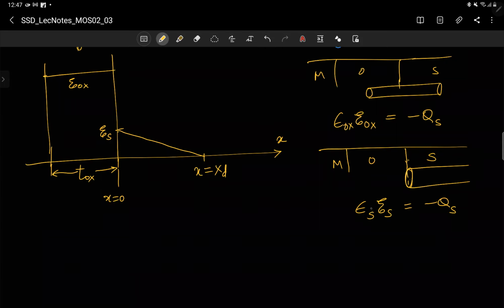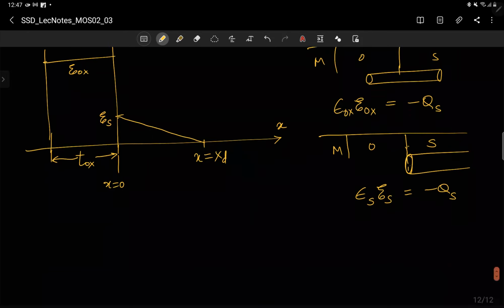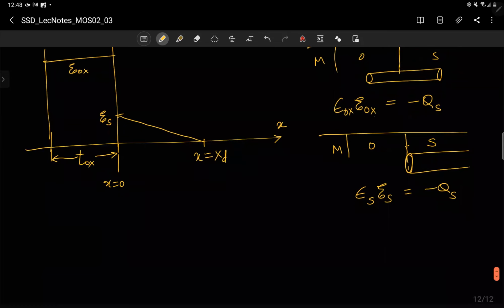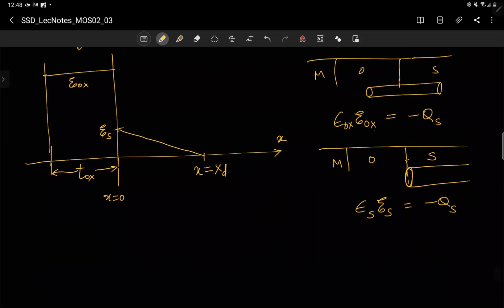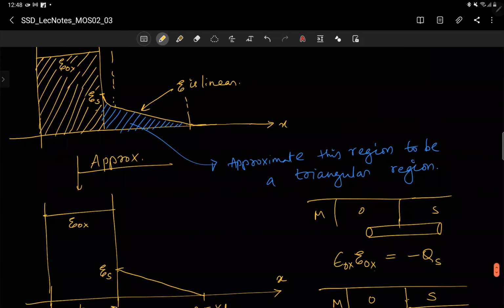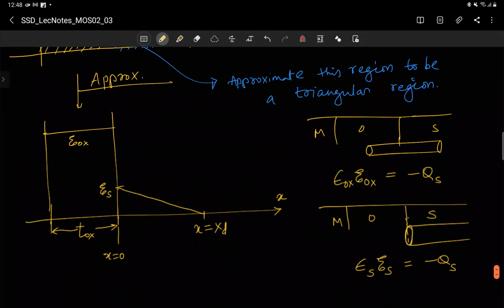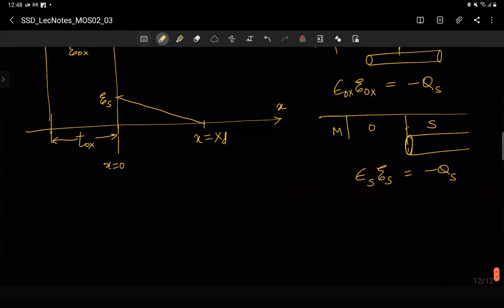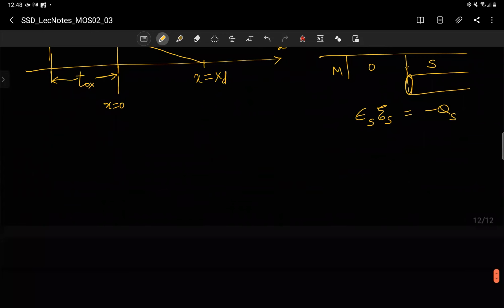So these are both equal, which is nothing but satisfying the displacement vector continuity across a boundary. That is how we know ES and E ox. The only thing remaining is xd, because qs is in terms of xd. Then we can integrate the electric field and find the voltage drop.